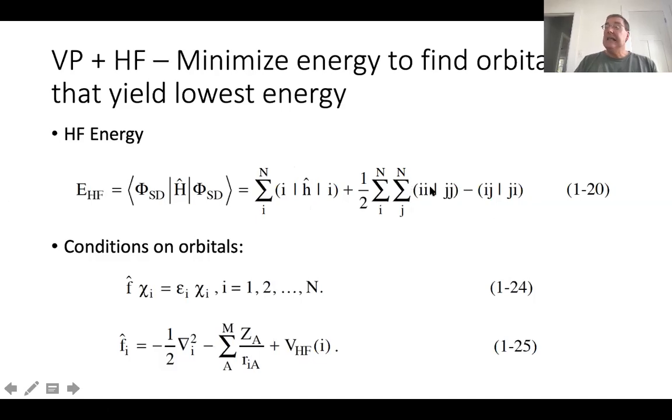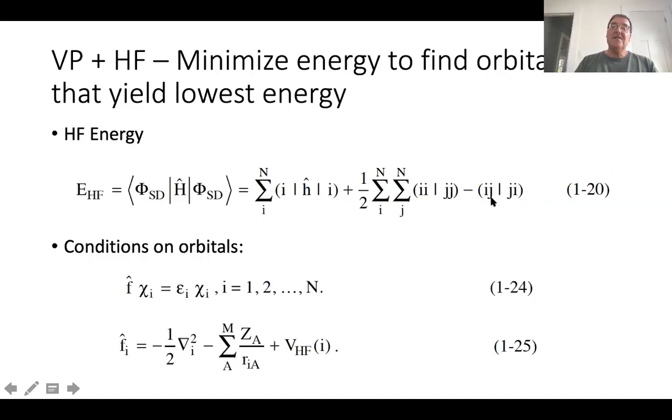So in another video, I'll talk a little bit more in detail about these. For the moment, let's just say that this term represents what we would think classically, the repulsion of an electron in orbital I, so its absolute value squared, with that in an orbital J. So two electrons repel one another, and the repulsion goes as 1 over the distance between them.